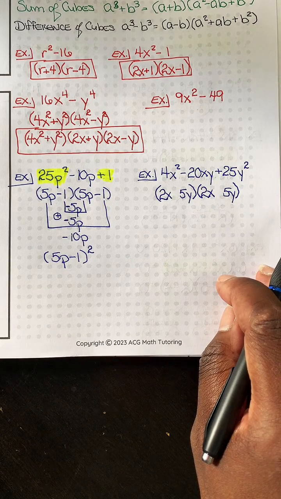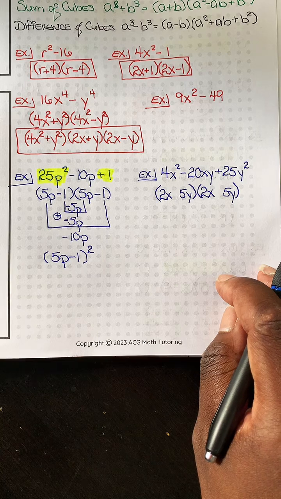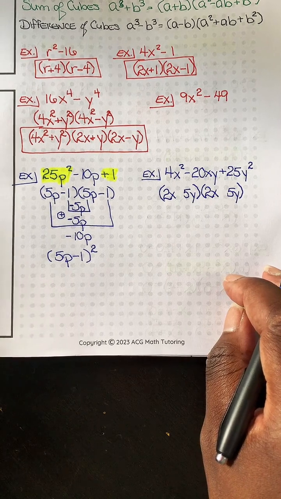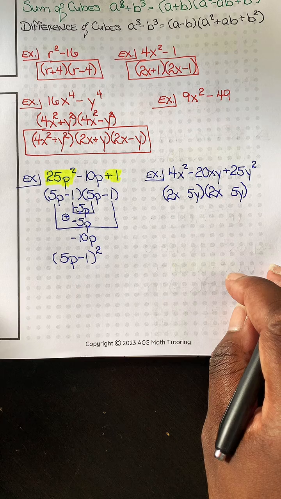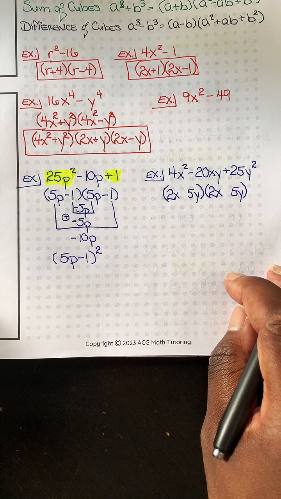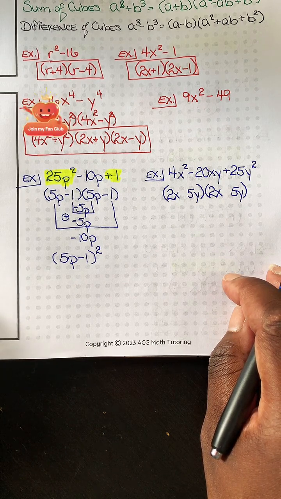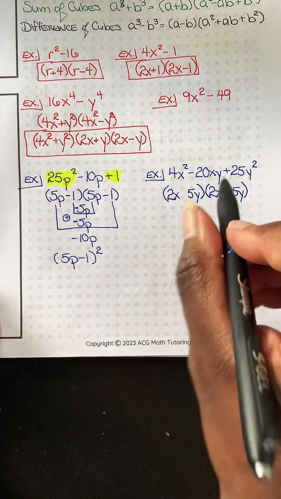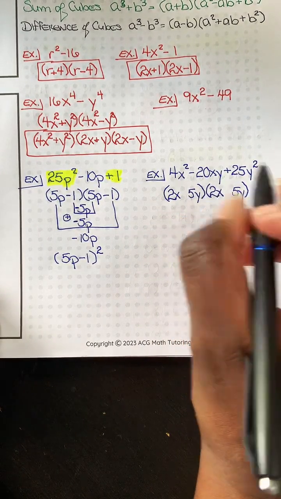Okay, one minus and one plus. We're saying negative for both. Good, Sid. All right, so we're going to say negative because we need a negative 20xy.